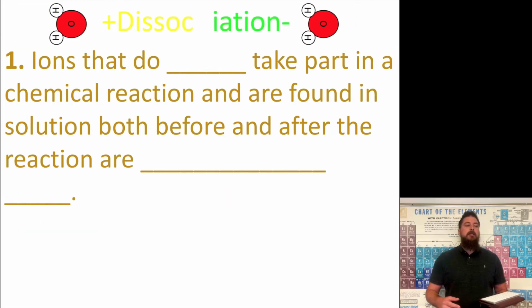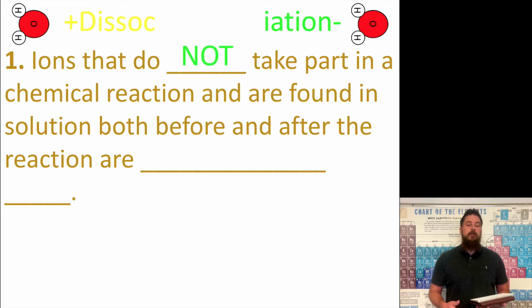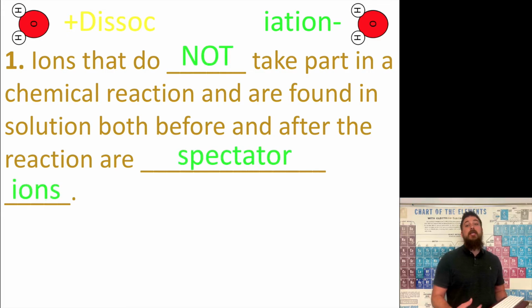Now, ions that do not take part in the chemical reaction and are found to be aqueous before and after the chemical reaction are called spectator ions. They start off as aqueous, and just remember that when they're aqueous, they're not together. If we have an aqueous compound, it is dissociated in solution.